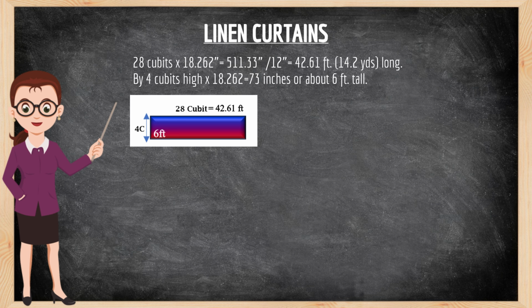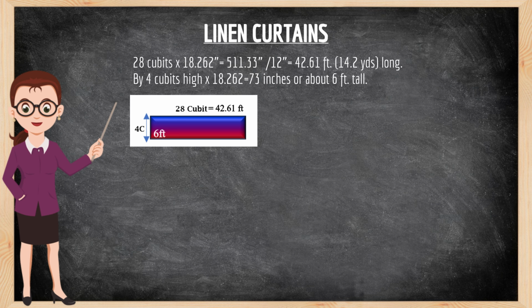That gives us a sum of 511.33 inches. We'll divide that by 12 inches to give us the footage, which is 42.61 feet. You divide that by 3 to get the yardage, which is 14.2 yards. So these panels were 14.2 yards long, or 42.61 feet, by 4 cubits high.